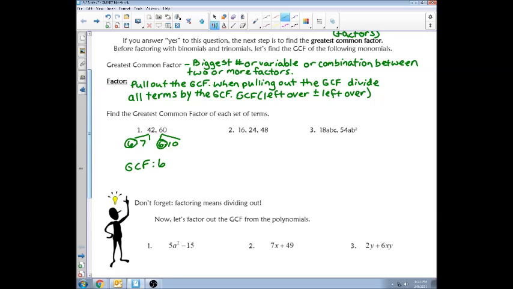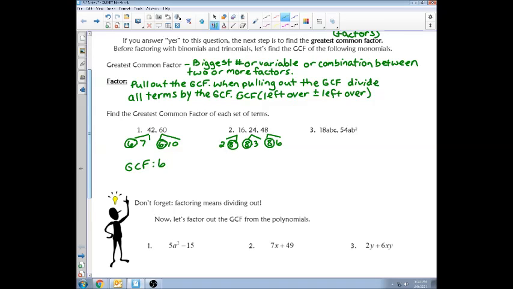Okay? Between 16, 24, and 48. Well, 16 can be broken into 2 times 8. 24 can be broken into 8 times 3. And 48 can be broken into 8 times 6. So if I have something in common right now, I will go ahead and circle it. So the 8 is in common.